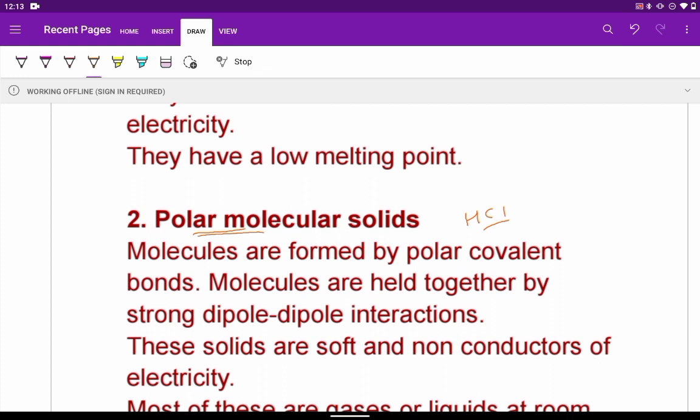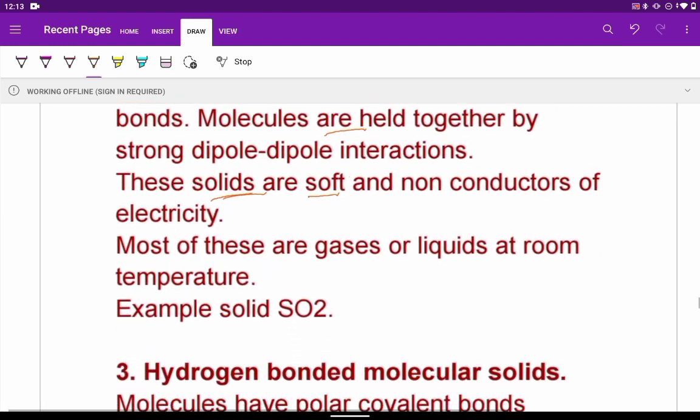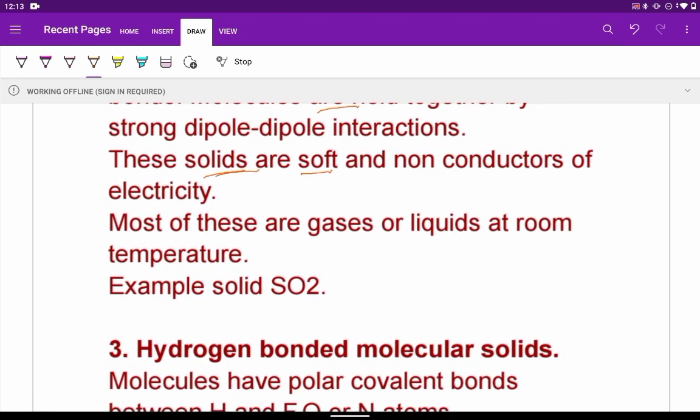Here the molecules are held together by stronger dipole-dipole interactions. They are solids, they are also soft and non-conductors of electricity.